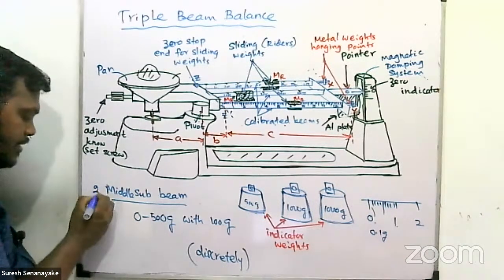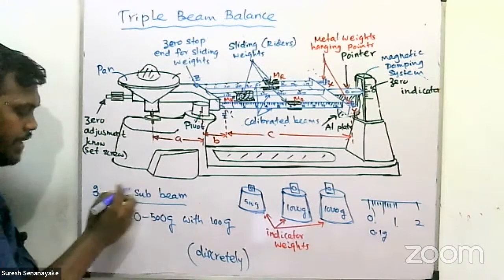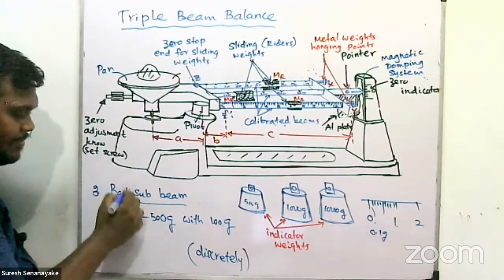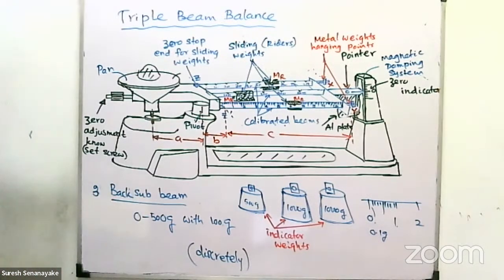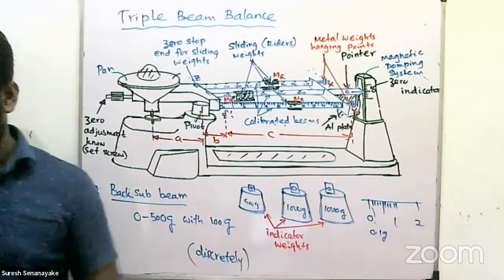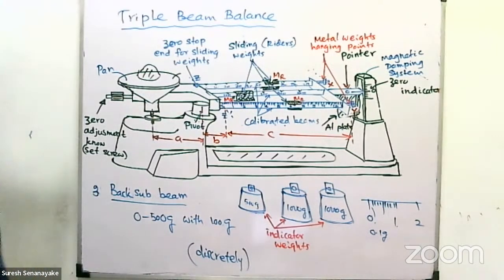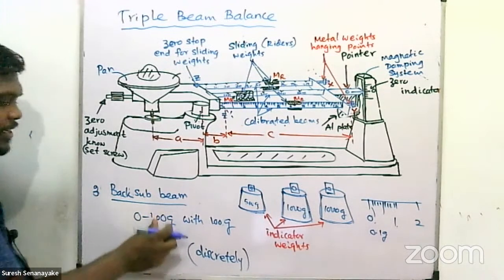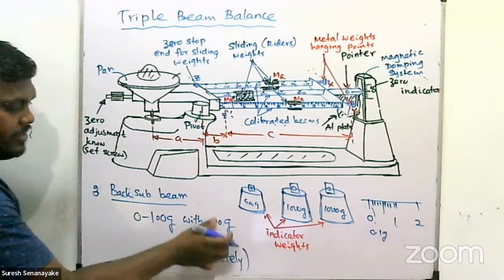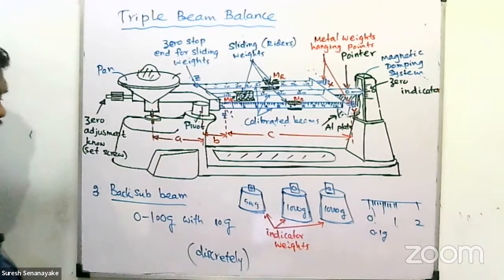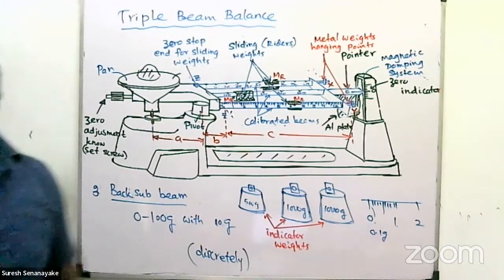Then write the third one, the back sub beam. Back sub beam, third beam, right? It is calibrated from 0 to 100 grams with 10 gram divisions, and it's also calibrated discretely.